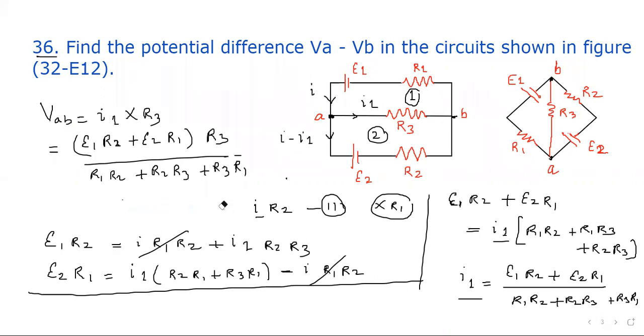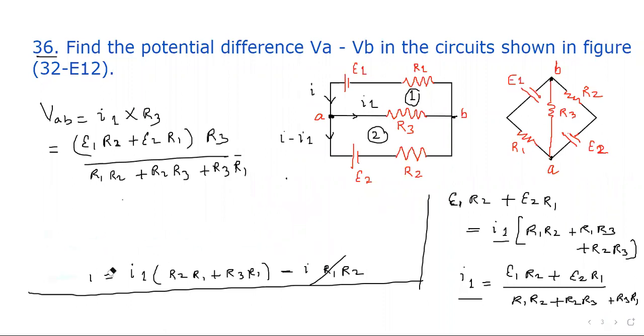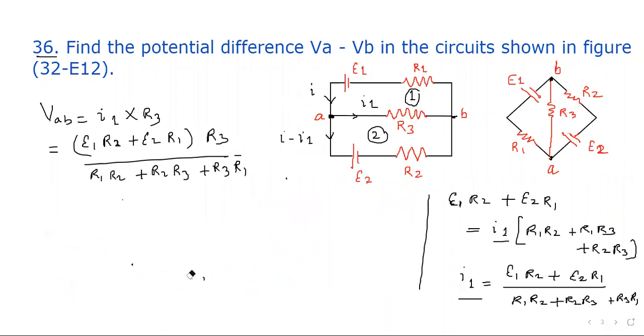Now we can do one thing. We can open the bracket of the numerator and then divide each term by R1 R2 R3. So dividing each term by R1 R2 R3, VAB will be equal to: here E1 times R2 R3, so we will be left with E1 upon R1.